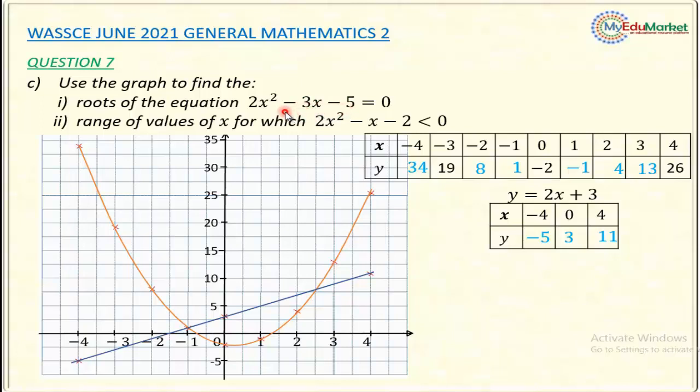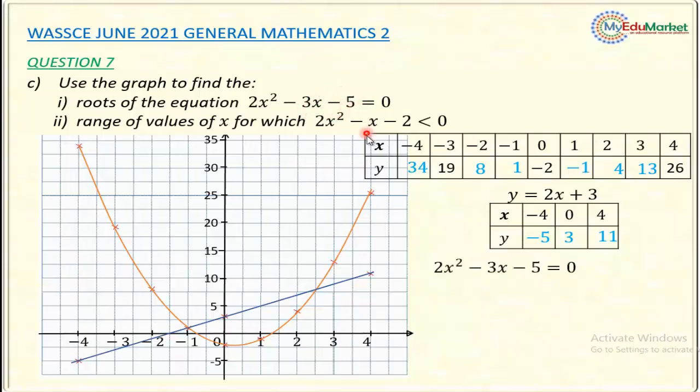If no, you have to modify it so that, at least the left hand side, resembles exactly the quadratic that you have drawn. So the quadratic that we have drawn is 2x squared minus x minus 2, not minus 3x minus 5. So it differs in these 2 terms. It's supposed to be minus x here, and it's supposed to be minus 2.